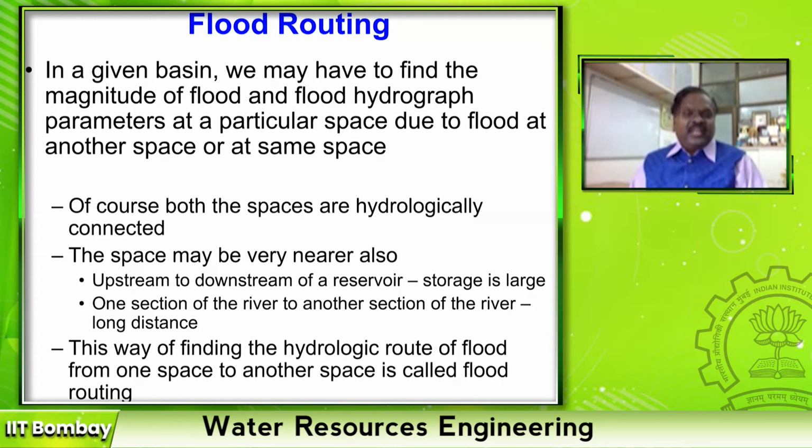So that is why that is called as reservoir routing. Or I have to safely dispose flood from one section of the river to another section at a far off distance. Then such a routing is called as channel routing or river routing. That means flood routing means finding the hydrologic route for the flood from one space to another space.